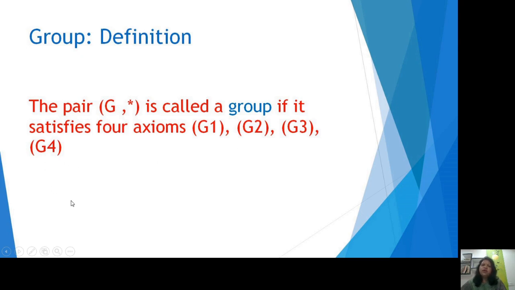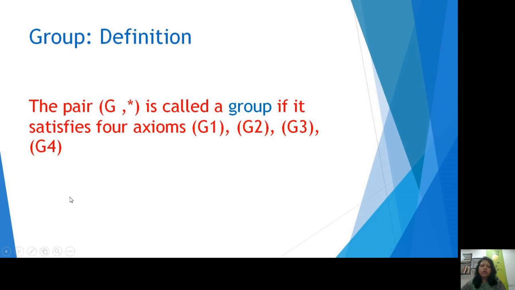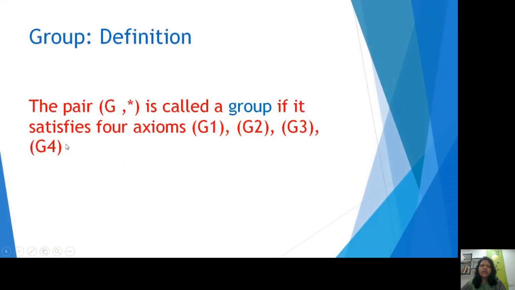That means out of five axioms, if the first four axioms are satisfied, then we say that the set with that operation star is a group.